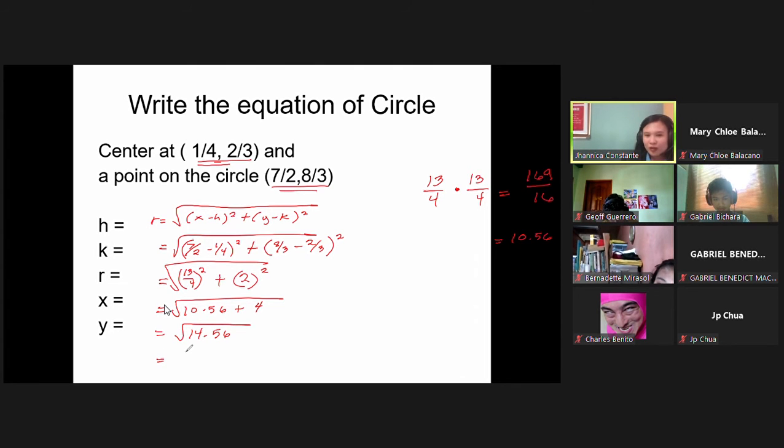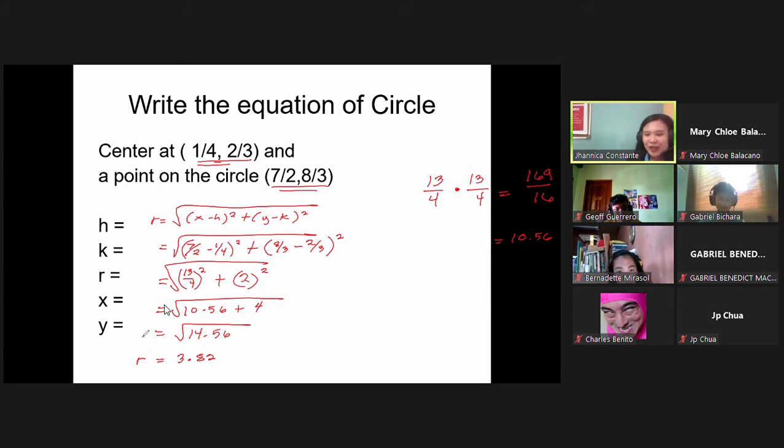The square root of 14.56 is equal to 3.82. That's for our radius.